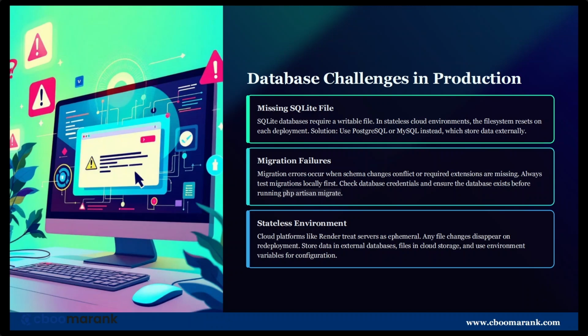Locally, it works perfectly, but in cloud environments, files are not permanent. Every deployment resets the system. That means your database disappears. That's why production systems use external databases like MySQL or PostgreSQL, because they store data outside of the application.